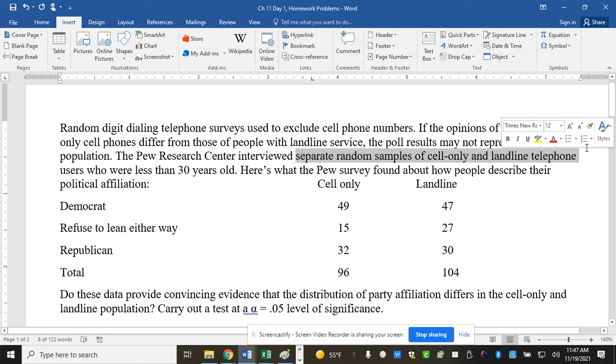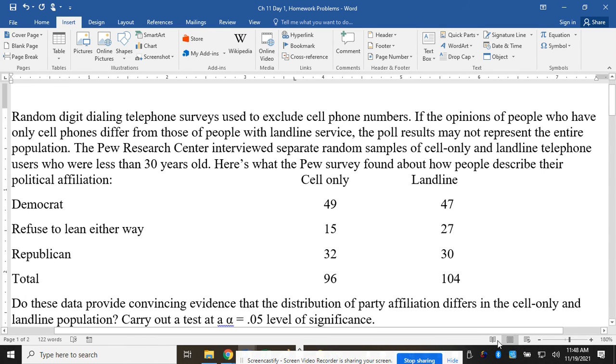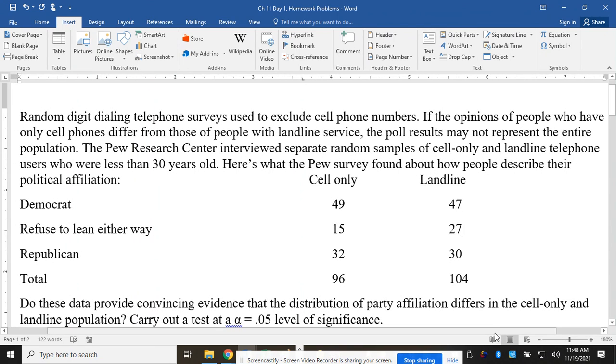So for this one, our null hypothesis, what is our population here? I know you don't have it in front of you, but you should be able to look up here and see. What is our population?